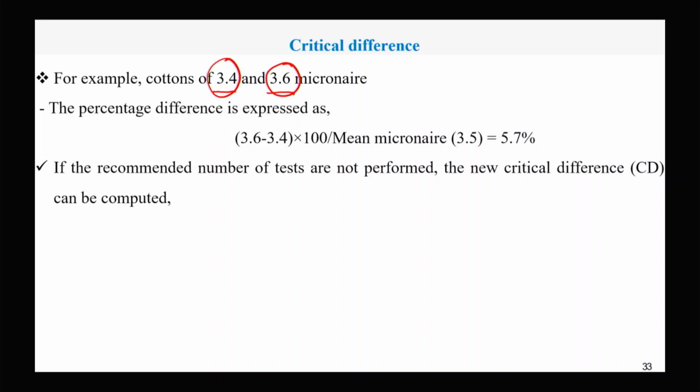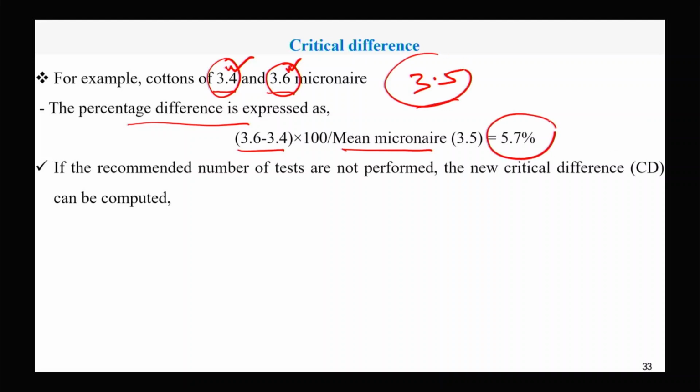Here, one sample you have got 3, another sample you have tested 6. Is there a real difference or not? You take the percentage, it's very easy. This difference is divided by the mean micronaire. So what is critical difference?